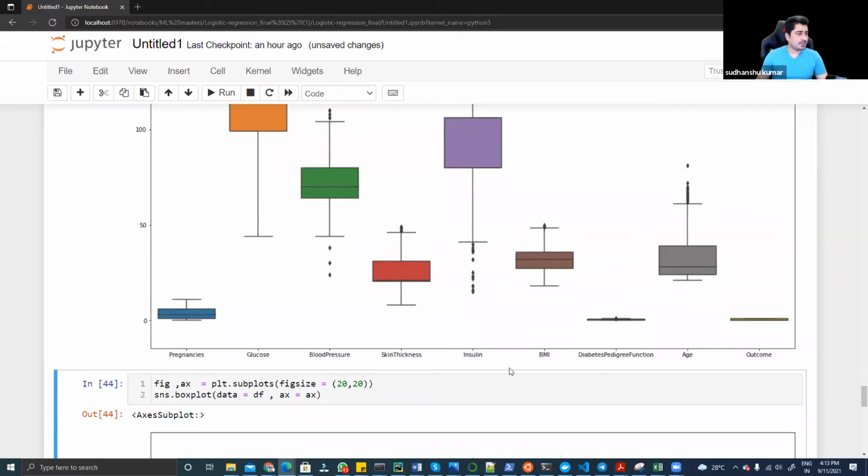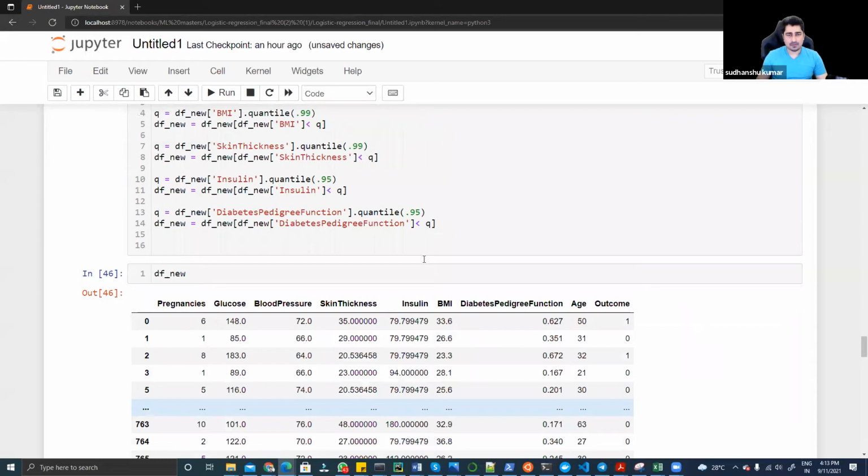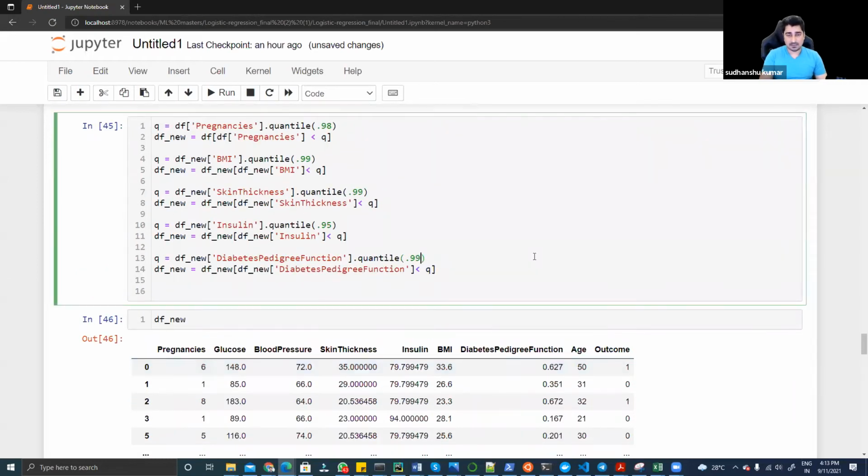Now, what is the total amount I have lost? 95, 98 is fine. Otherwise, we are losing so much of the data set over here.